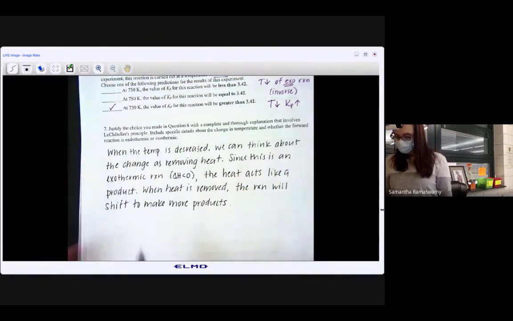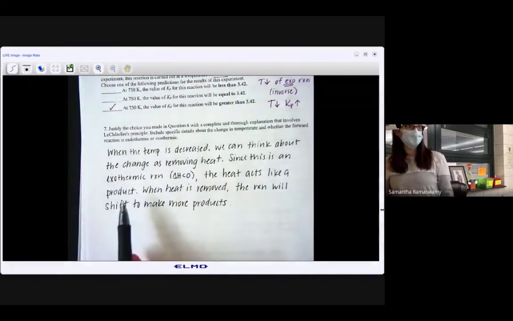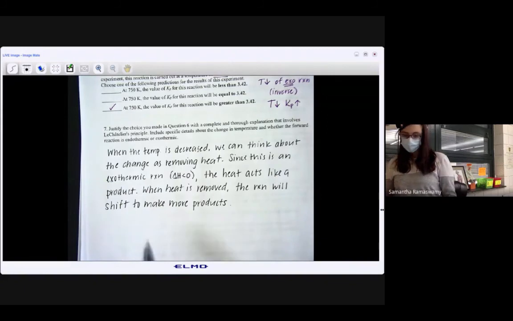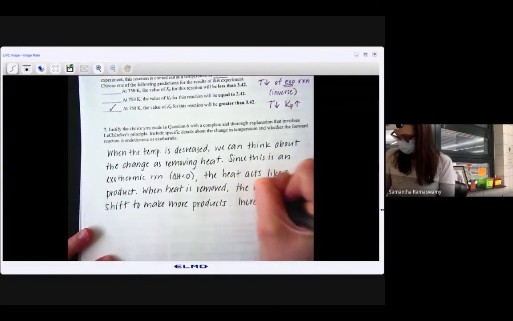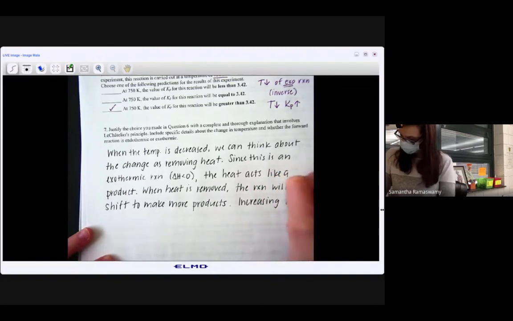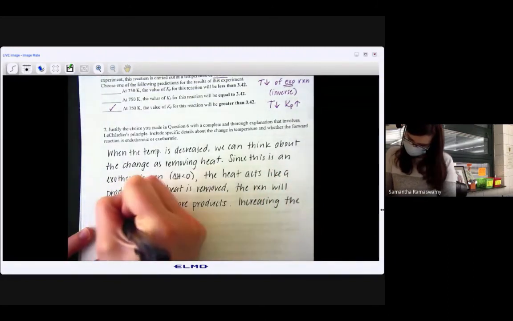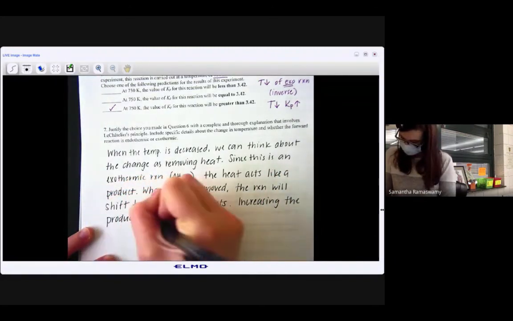Right, so since heat is a product, when we remove it, it's like removing a product. So the reaction is going to shift to create more of what we removed. So increasing products increases K.